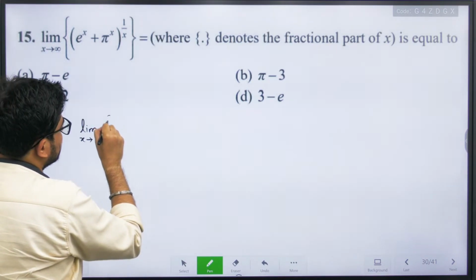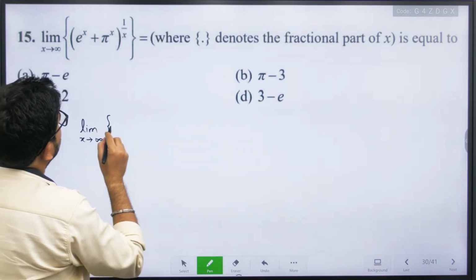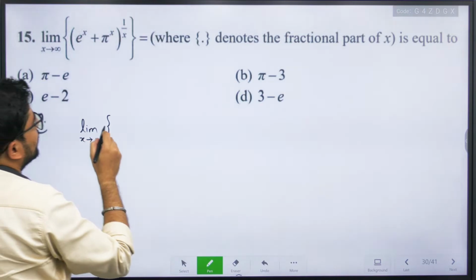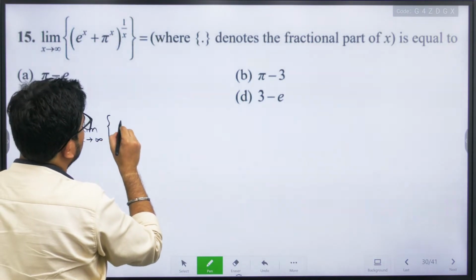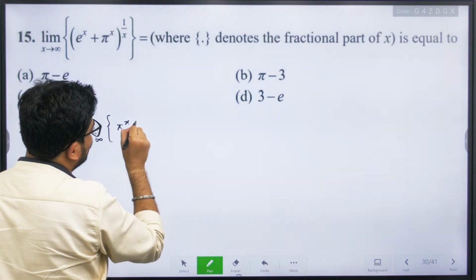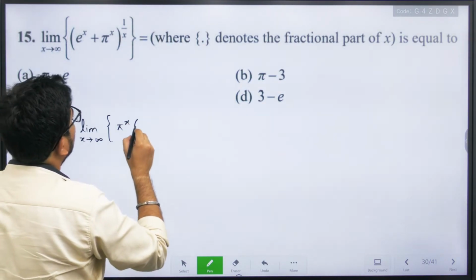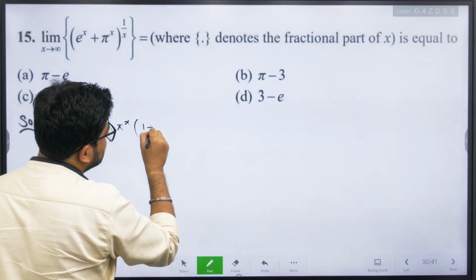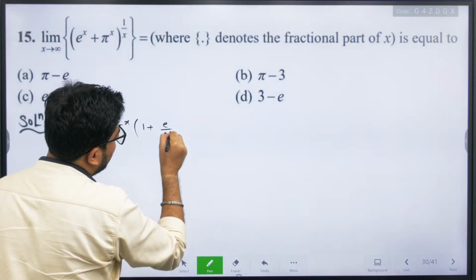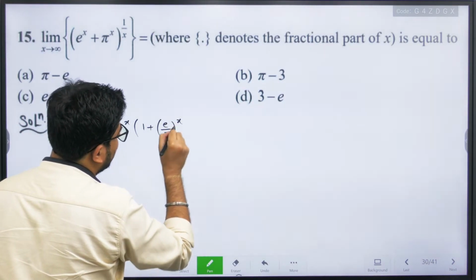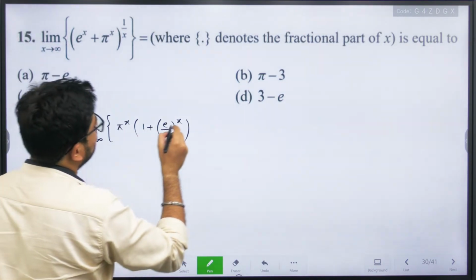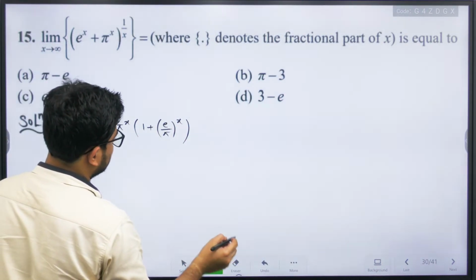This is a fractional part function, and you can take pi power x common. So this will be pi power x into (1 plus (e by pi) to the power x) and whole to the power 1 by x.